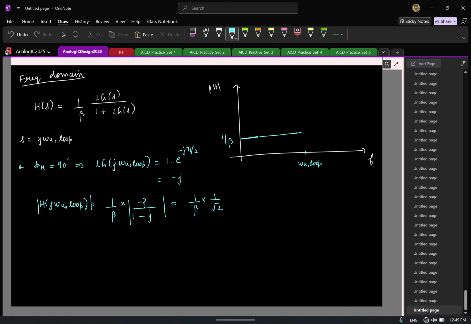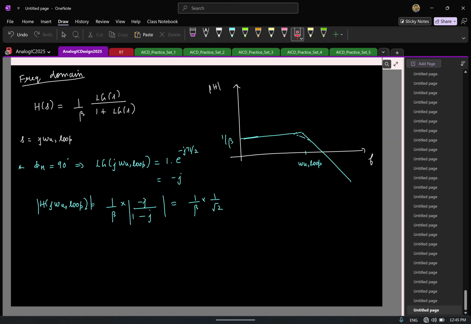In Bode approximation it's a corner frequency, but the actual thing will have a 3 dB drop. So this again says that for a first order system the unity loop gain frequency is the same as the closed loop 3 dB bandwidth, right? Because this is the frequency at which the loop gain becomes unity, and as we are seeing, it is exactly equal to the frequency at which the closed loop magnitude response drops by 3 dB.